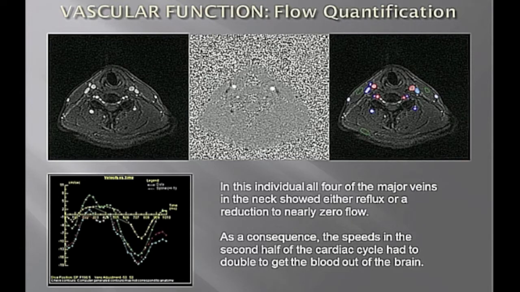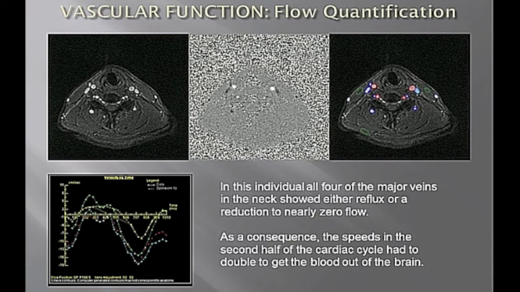So here's an example in the bottom left of 4 of the major veins. We're looking at internal jugular veins and external jugular veins as major veins. And in this individual, this is very similar to Zamboni's criteria. It's not all reflux, but for about 1/3 of the cardiac cycle, you can see that all 4 of the major veins basically stopped flowing.